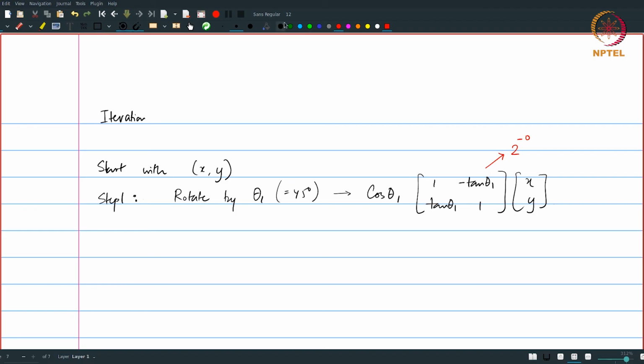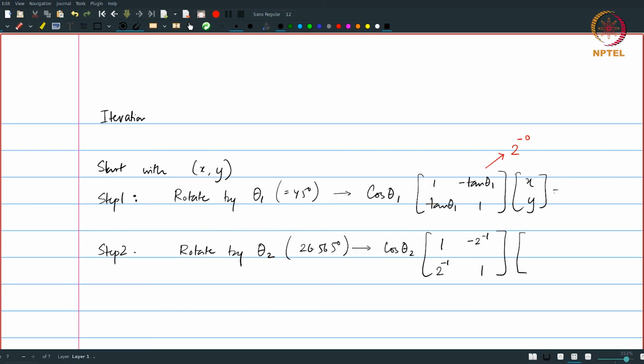Step 2 would mean rotating by theta 2, which would be 26.565 degrees: cos theta 2 times [1, minus 2 power minus 1; 2 power minus 1, 1] times the x1 y1 that you obtained in the previous case, and you would get x2 y2 as a result.